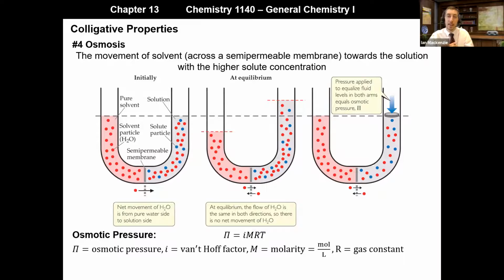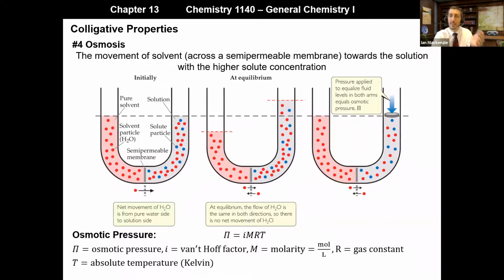And M is now the molarity, not the molality. In this case, we're using molarity, and R is the gas constant. So since we're dealing with pressure in this case, we've got concentration and the gas constant present. T here is the absolute temperature, just like when we were dealing with gases. This has to be in Kelvin.